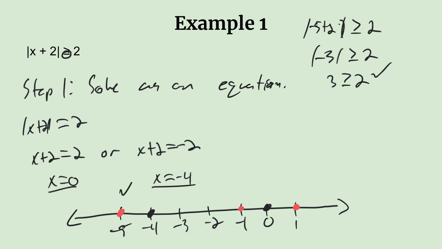If we plug negative 1 in, we get 1 is greater than or equal to 2. That one does not work. And then we would do the third one, 1 plus 2.